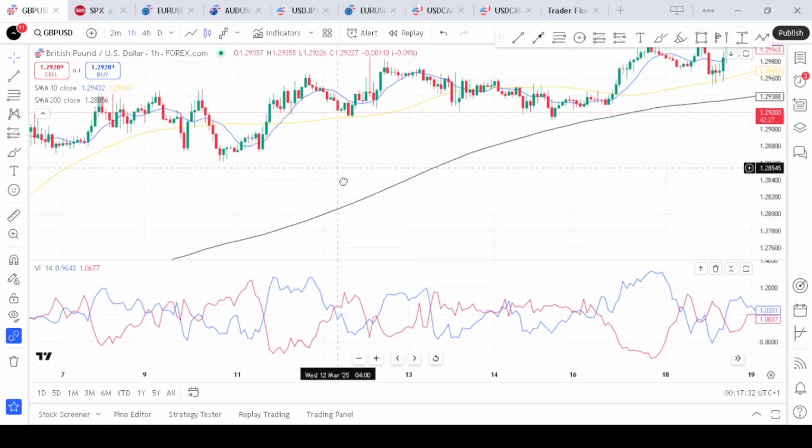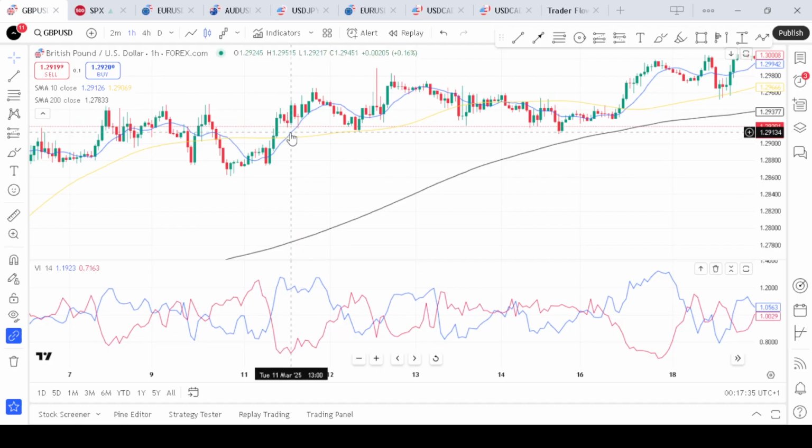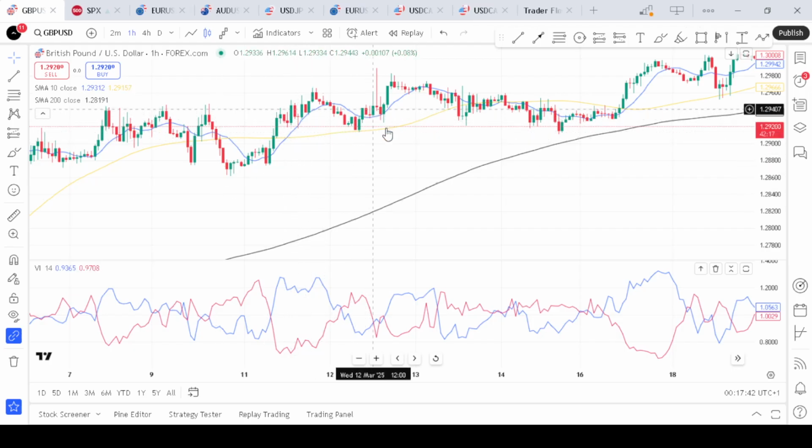Before we confirm the bullish trade, we have to see the 10 moving average crossing above the 50 moving average, and all this should happen when price is above the moving averages. This will signal our buy trade.